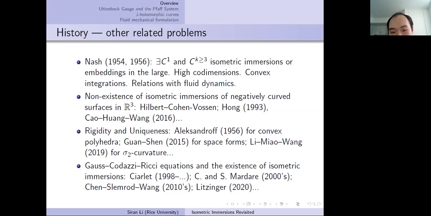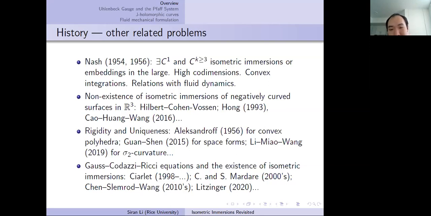For example, the classical result by Hilbert and Holmgren, they proved that the pseudosphere, which also appeared in Andy's talk, the pseudosphere of constant Gauss curvature -1, cannot be embedded into R3 via a C2 isometric embedding.